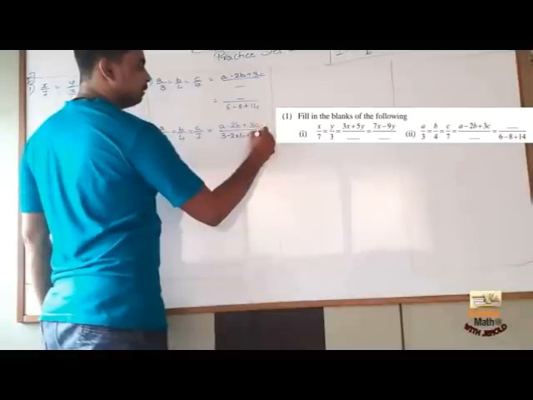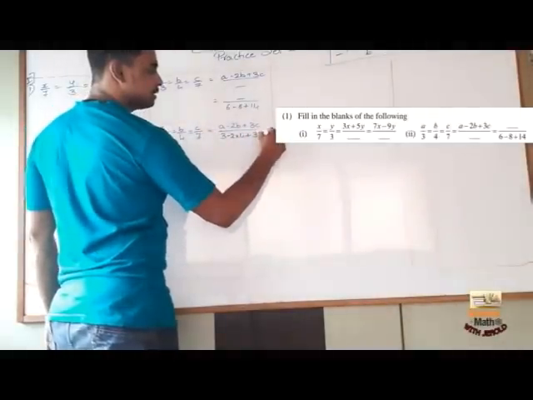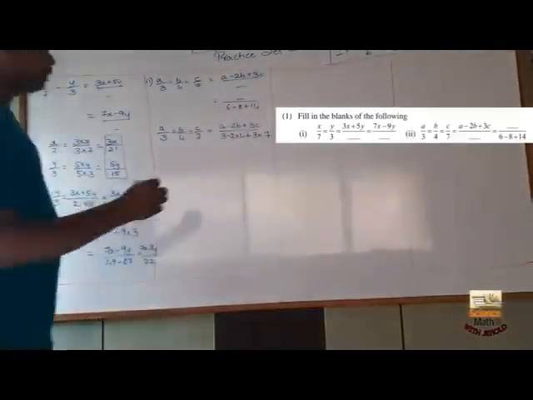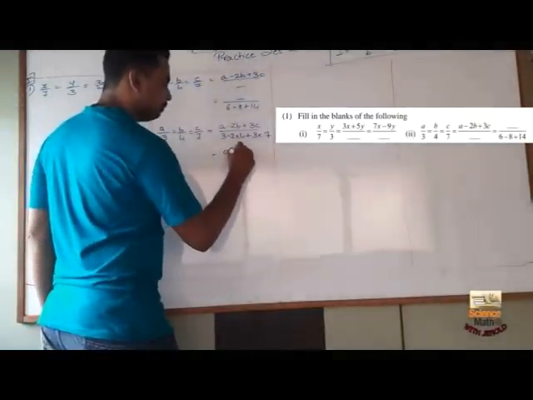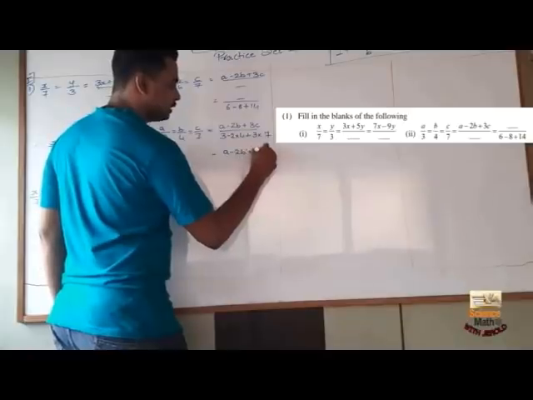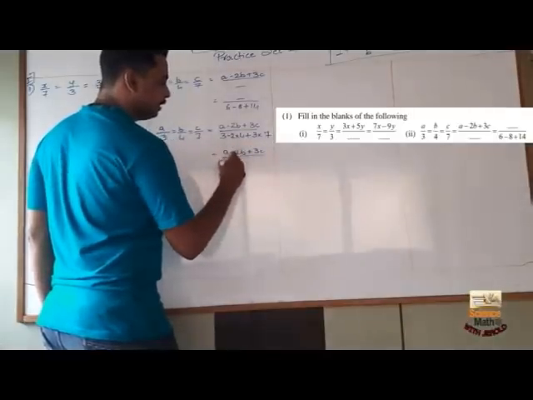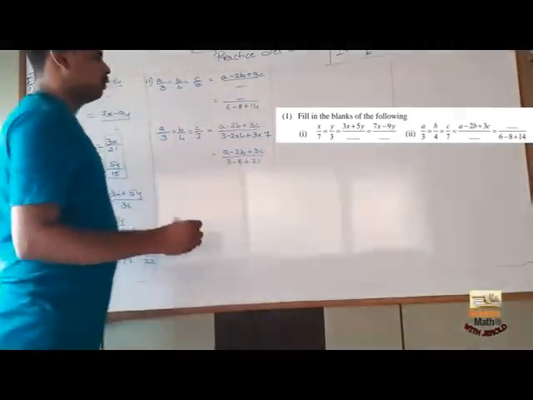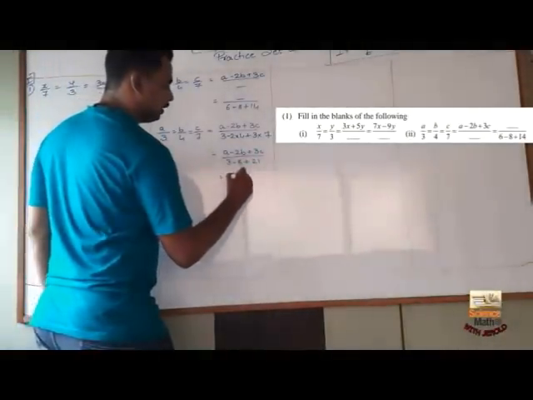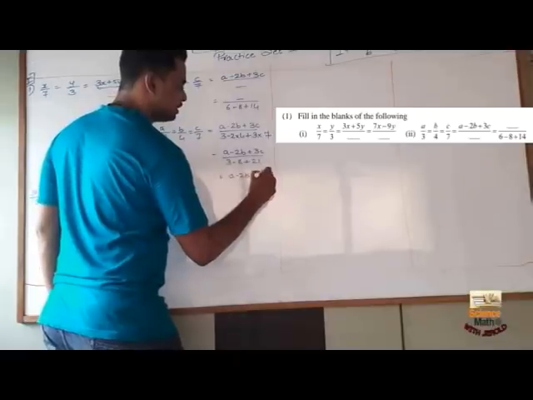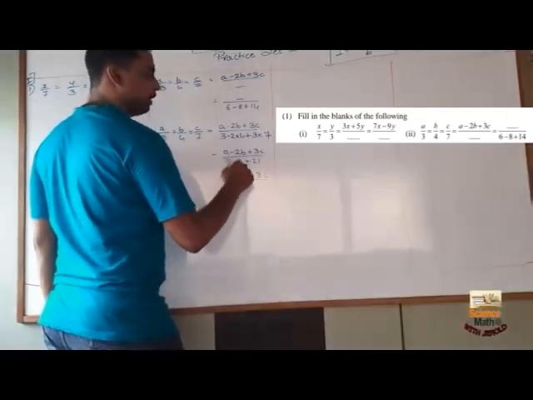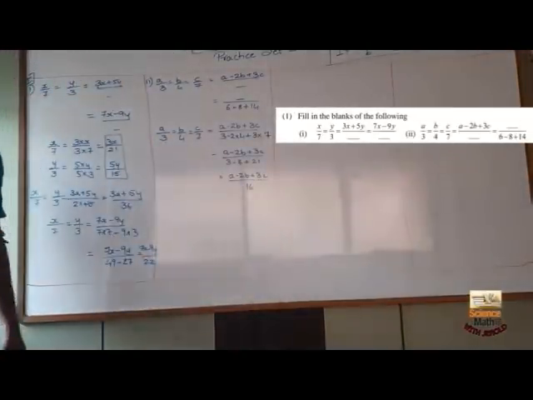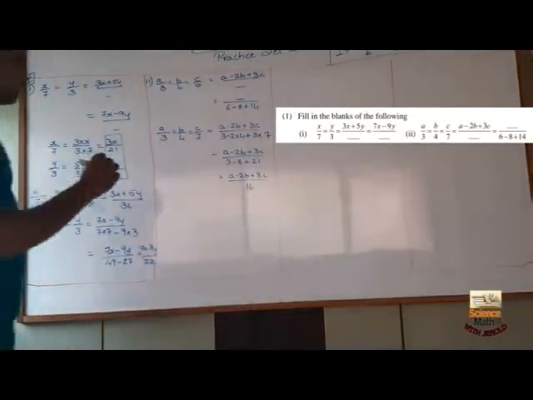And 3 multiplied by c, which has the number 7. So respective to the numerator, I will have to write the denominator. So a minus 2b plus 3c divided by 3 minus 8 plus 21 will give me 16. This is what I have for the first part of this sub-question.